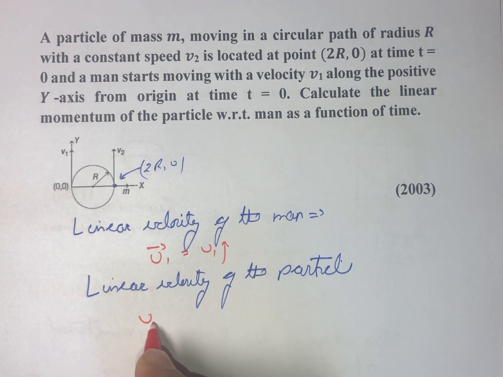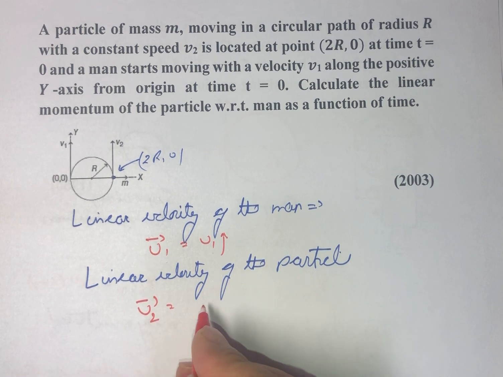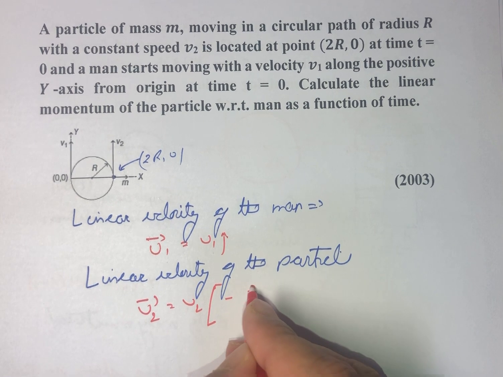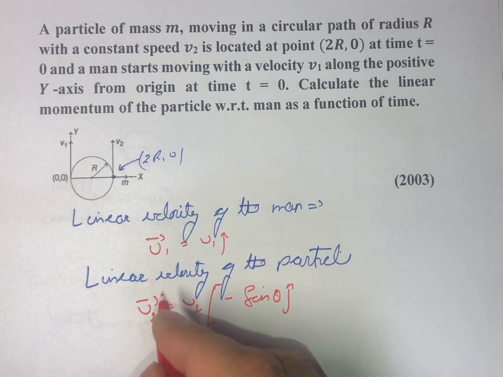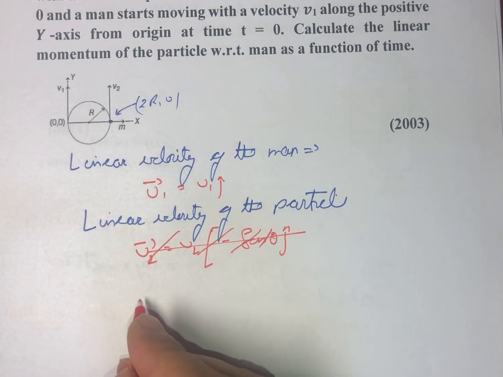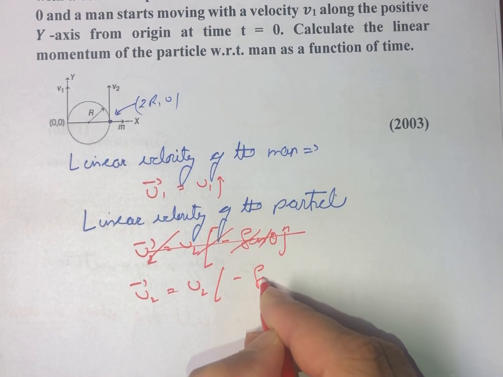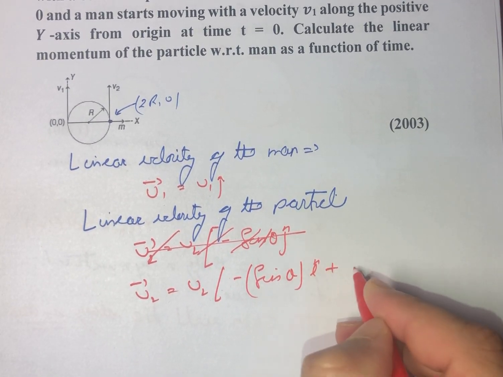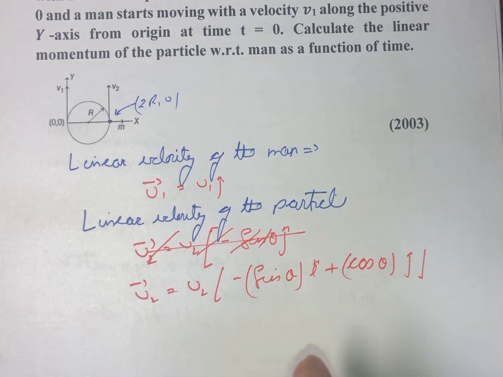So we can say v2 will be equal to v2 multiplied by minus sine of theta i, sorry, let me write it again. v2 can be written as v2 times minus sine of theta unit vector i plus cos of theta unit vector j.